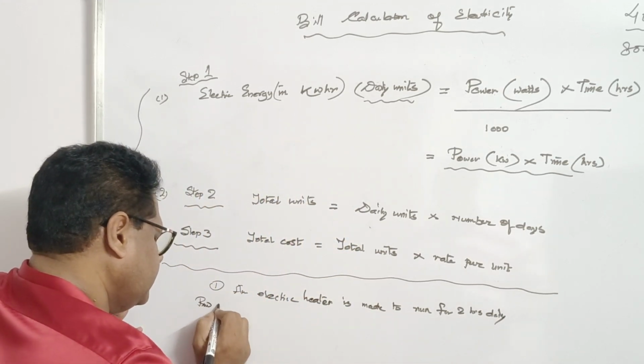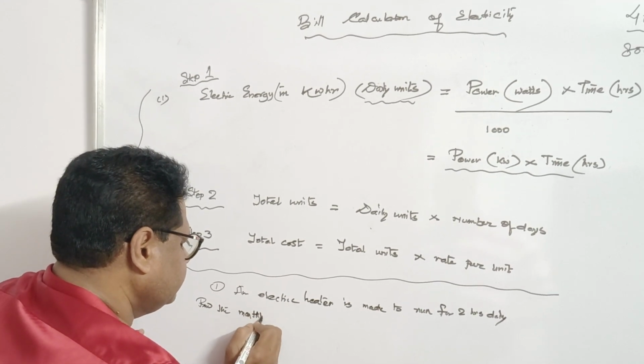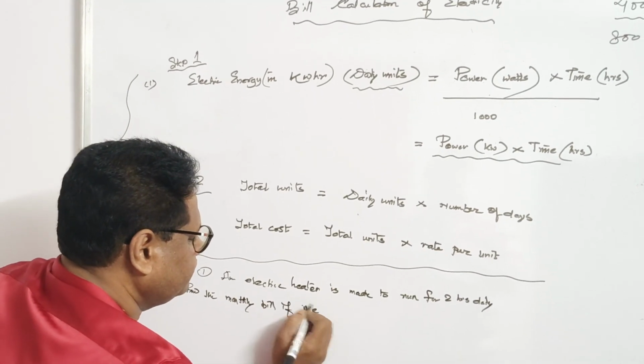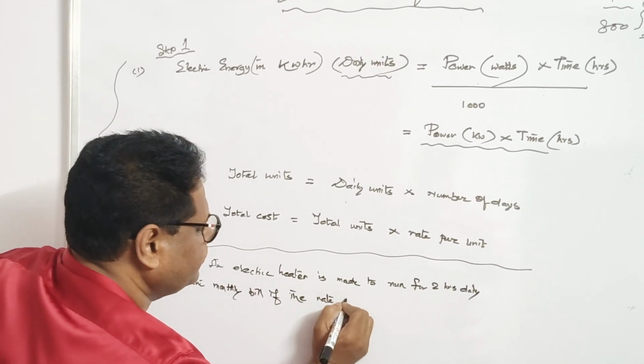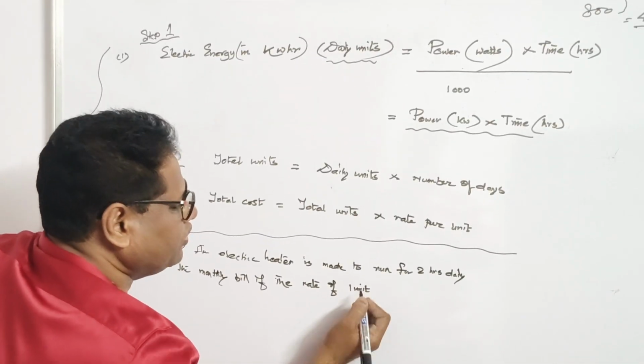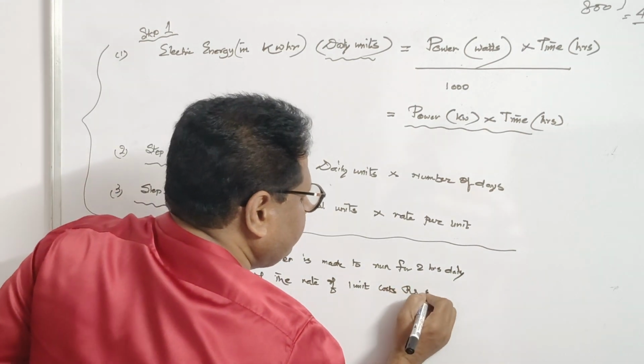Find the monthly bill if the rate of 1 unit, that means 1 kilowatt hour, costs rupees 5.